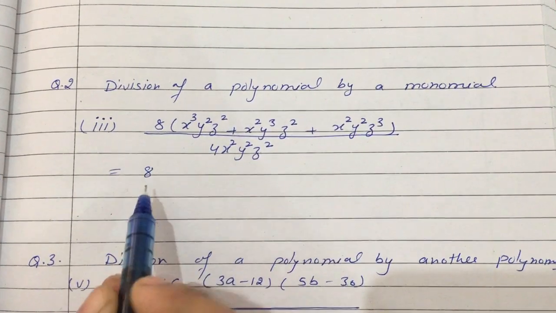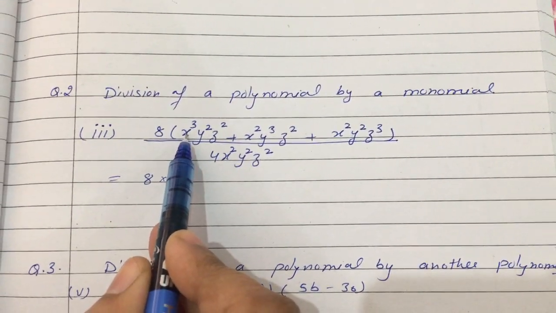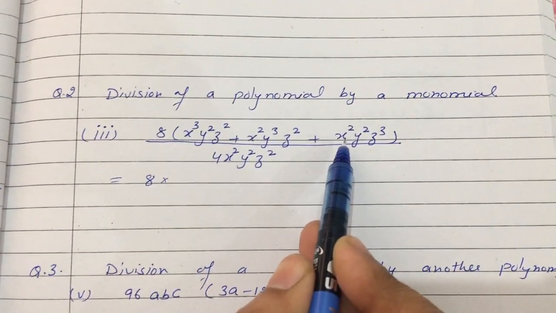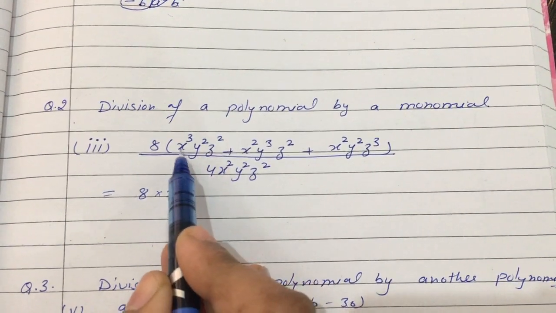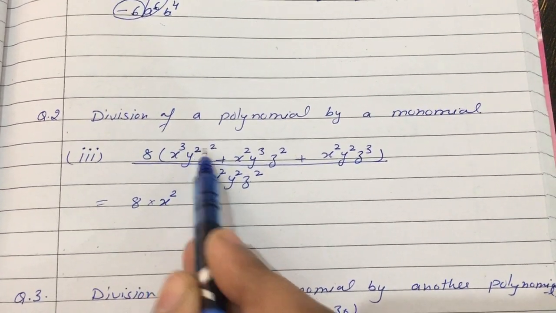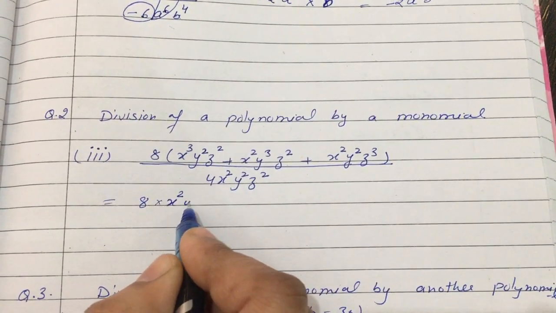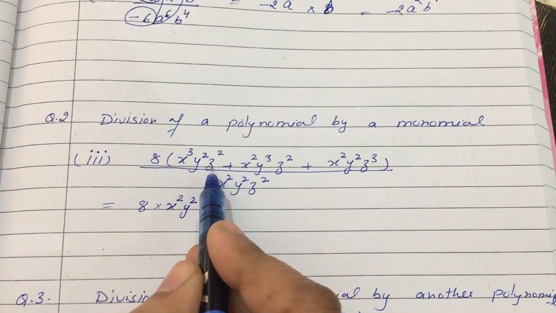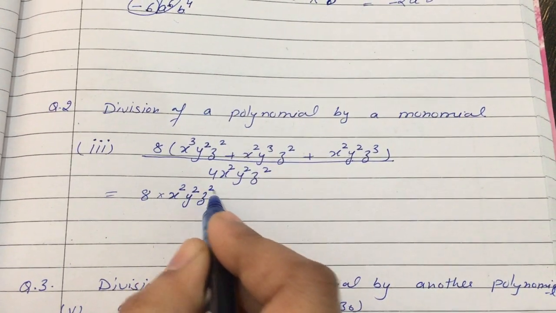As we are observing, 8 is already outside, and from all these three terms, here it is x raised to power 3, x raised to power 2, x raised to power 2. So maximum we can take common x raised to power 2, and from the first term here y raised to power 2, y raised to power 3, in the third term y raised to power 2. So we can take common y square, and from z square, here z square, here z cube. So we can take here z square common.